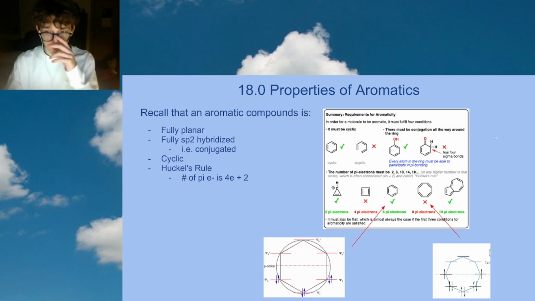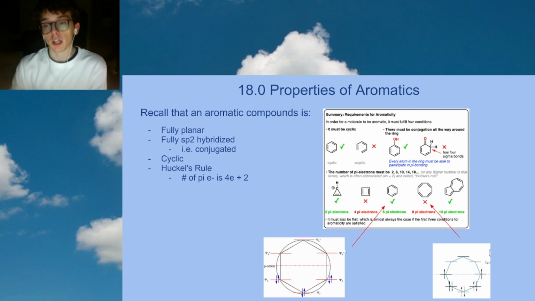Let's go back for a second. I had this figure here that I wanted to show. If we have benzene and cyclooctatetraene, let's look at the molecular orbital diagrams for those pi electrons. If we look at the benzene here, we can see that those pi electrons are all paired up, right? They're all paired and therefore more stable.